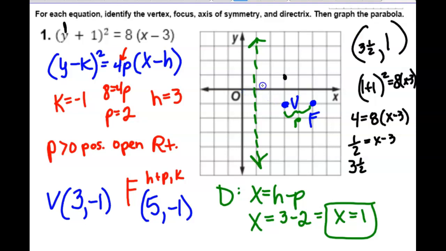So if I go over 3.5, I'm up 1. Not a very nice point, but do I know another point now? I don't have to write the ordered pair, but I would go 3.5 this way, and then the same amount on the other side of the axis of symmetry. Everybody good?